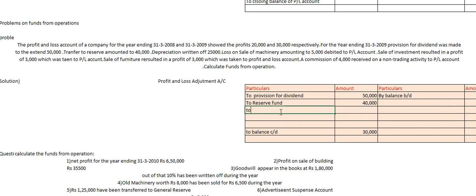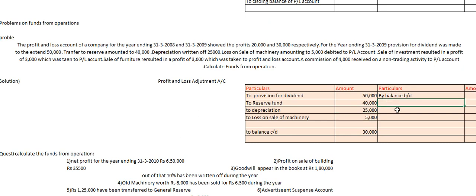Then to depreciation, 25,000. Then to loss on sale of machinery, your amount is 5,000. So that's all your non-operating and non-cash expenses.